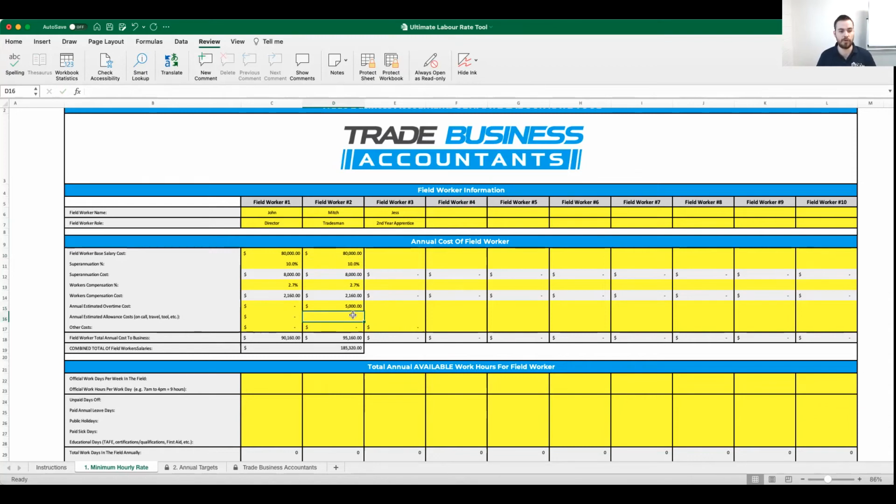We're also going to assume, through things like travel, tool allowances, whatever it might be, we'll put a figure there of $3,000. As you can see here, while Mitch's base salary is $80,000, his total annual cost to your business is actually $98,000. It's really important that we know that figure, because that means we've got an accurate base point to then break down and figure out what his hourly cost is.